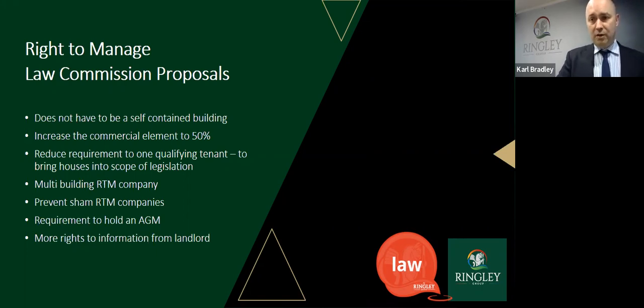As I said a few moments ago, currently it's 25%. So if you have a shop on a basement and the ground floor of a property in the same footprint, you would need to have more than 6 floors above normally to qualify. So what we're looking at is changing it to 50%.